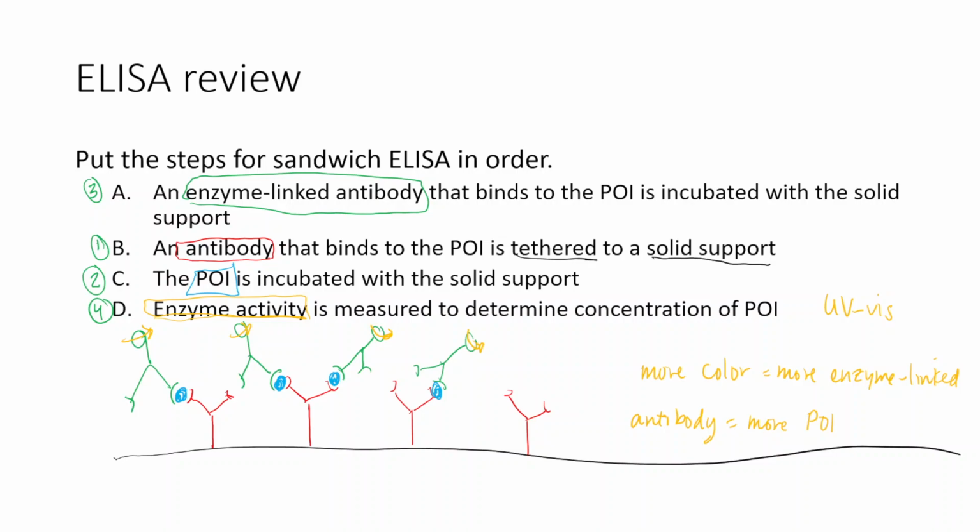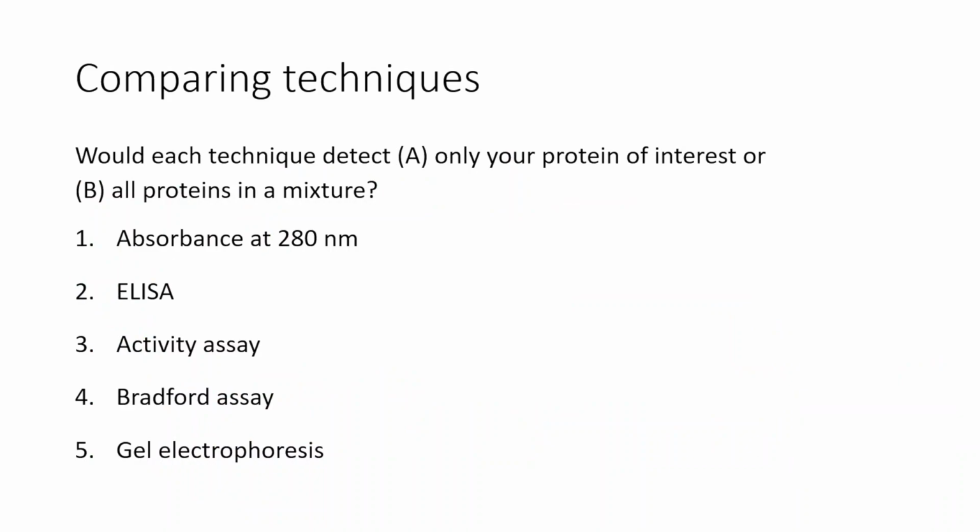All right, so let's try to get through one more of these. Let's compare our different techniques that we just reviewed, and just say whether each one is going to be able to detect just our protein of interest, or if it measures all of the proteins in a mixture.